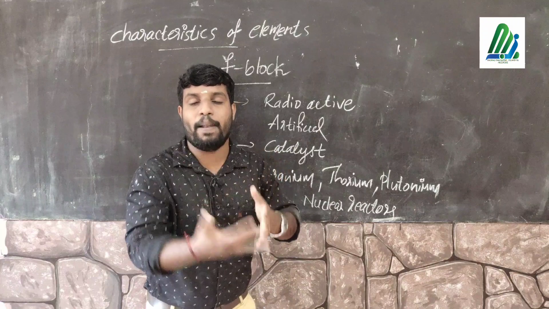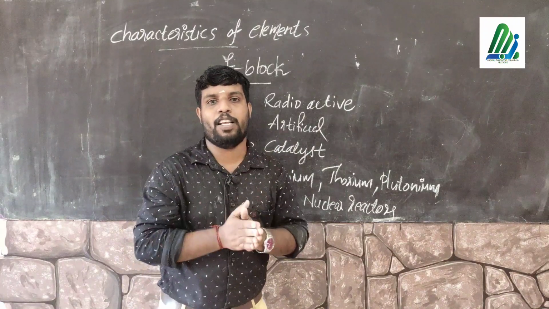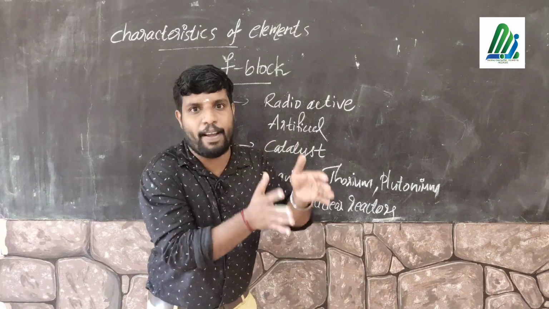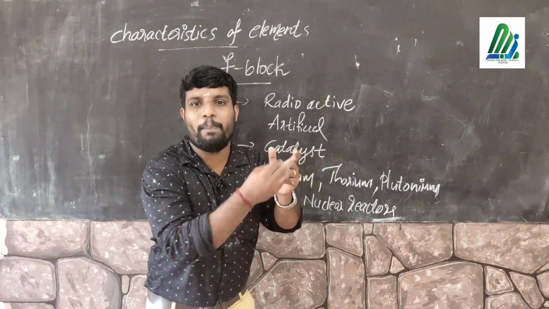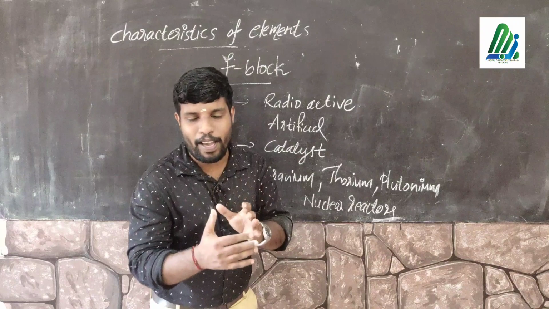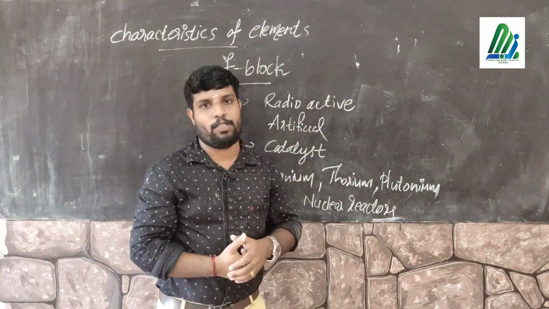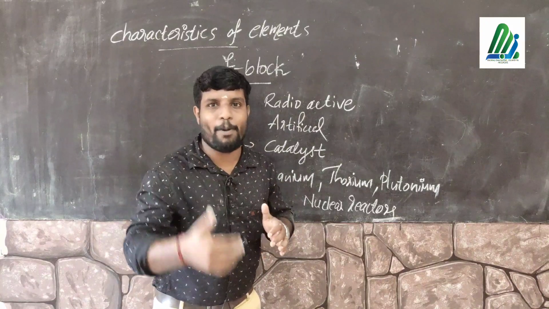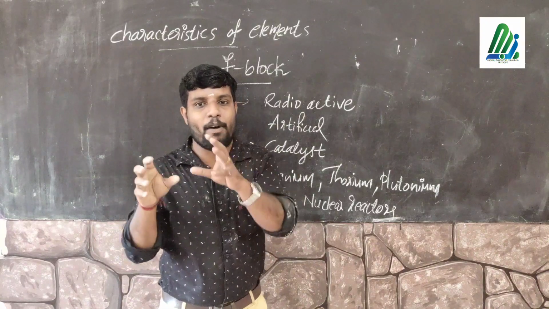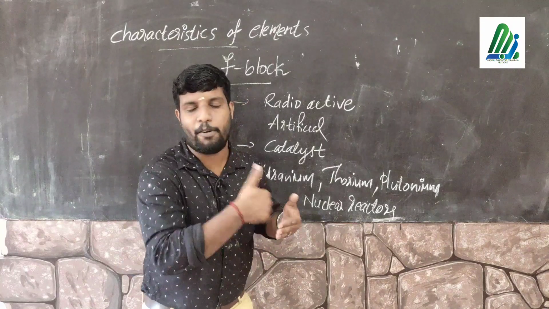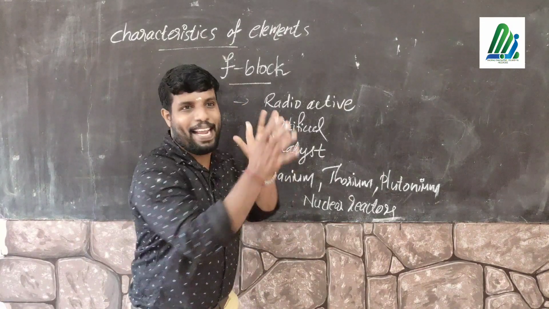We explained the short form of subshell electronic configuration, and how by using it we find the block, group and period of an element. Then we discussed the characteristics of the 4 blocks: S block, P block, D block and F block, and some characteristics needed explanation, especially for D block elements. For that also we explained.